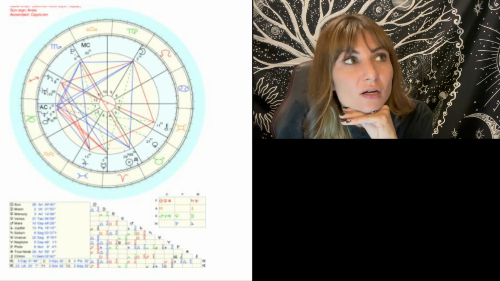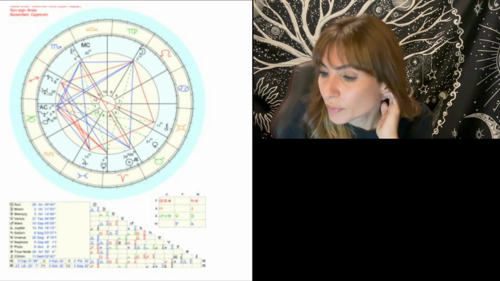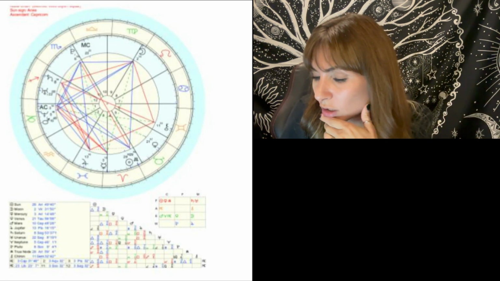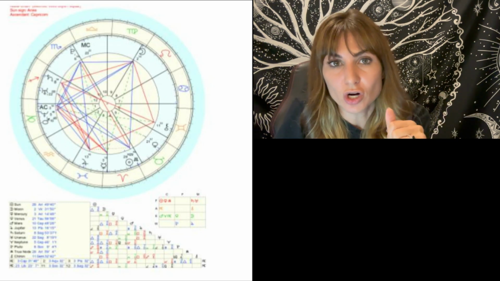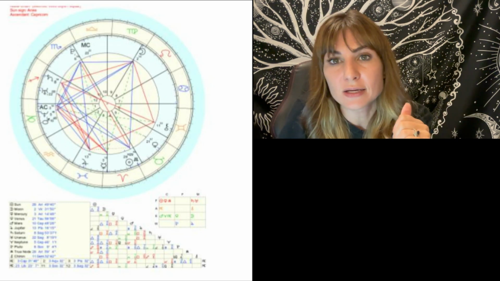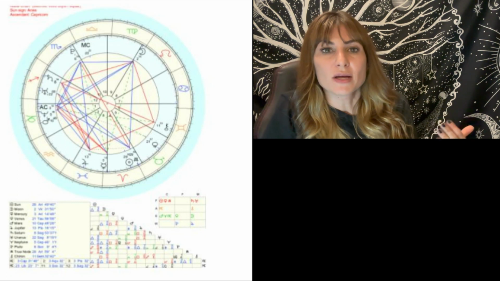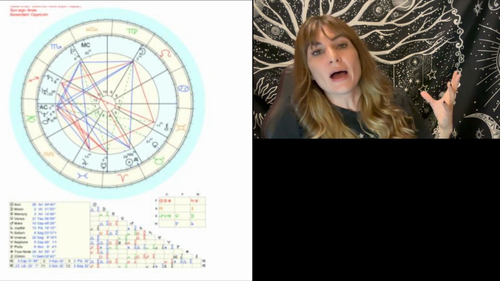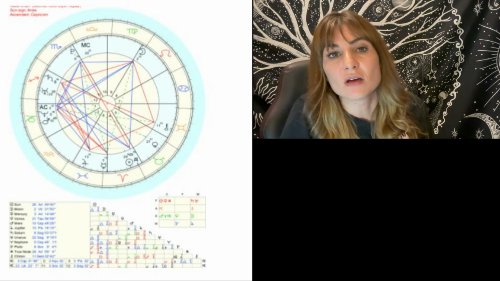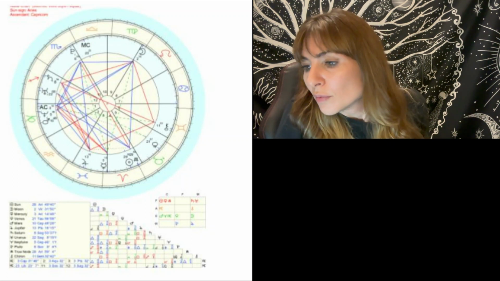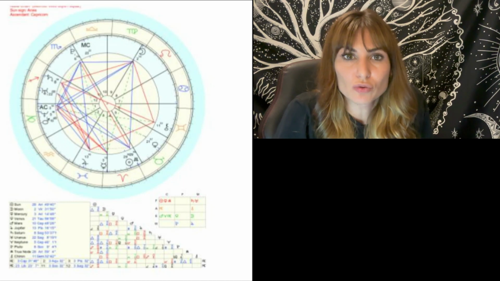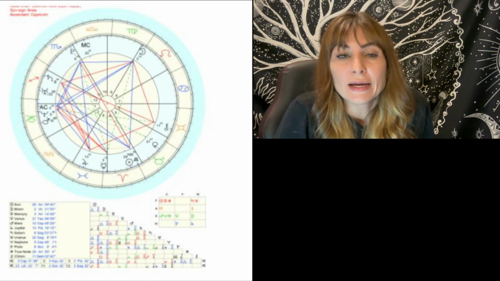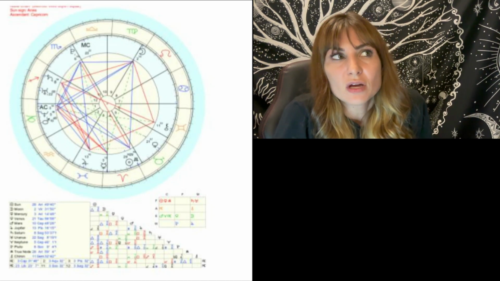They are consistent when it comes to work, but this is their ruling planet, the ruler of their chart, Saturn, because they're Capricorn rising. A lot of Capricorn rising people excel at management and owning businesses, but this individual does not, for those two reasons: because it's retrograde and because it's in the 12th.